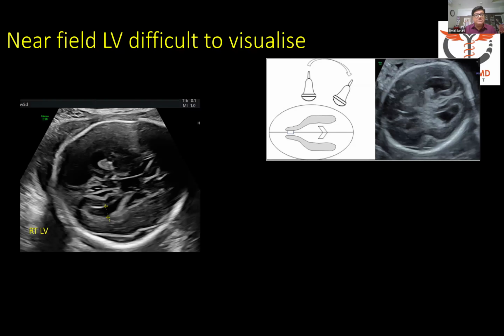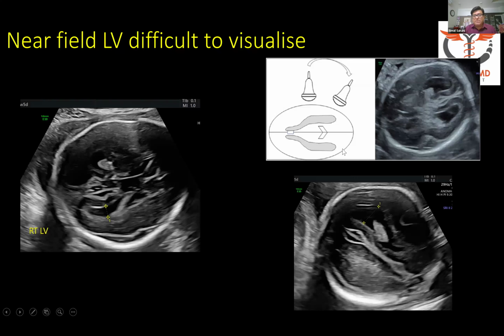The problem comes because of acoustic shadowing, you will not be able to see the near ventricle, and you need to measure both the ventricles. Hence you need to tilt the probe a little bit posteriorly, and then turn the probe caudally, and you will get to see the near ventricle also, and then you can measure that.